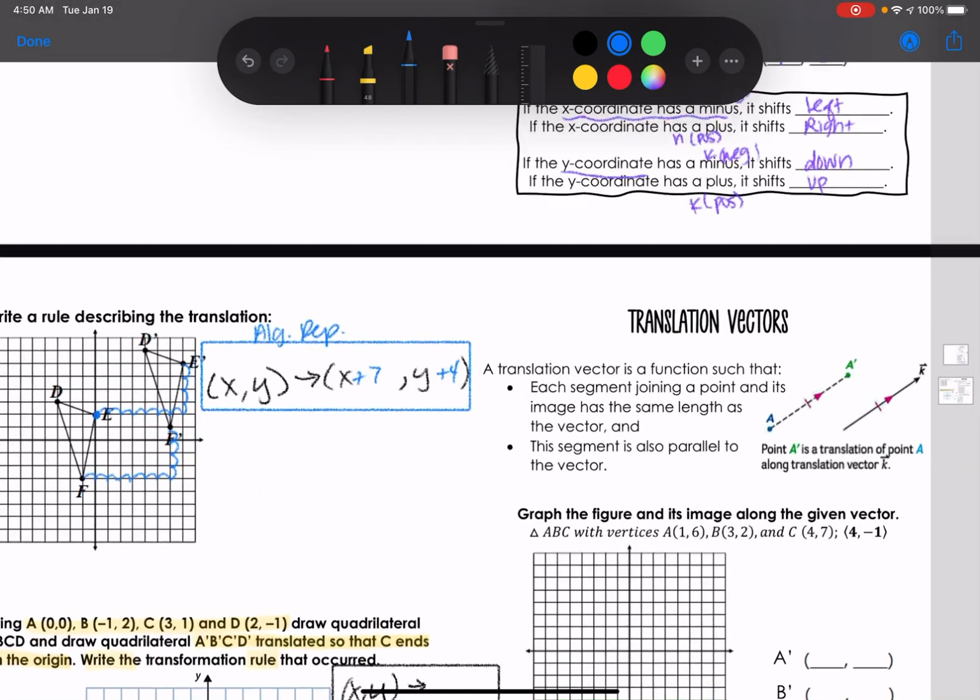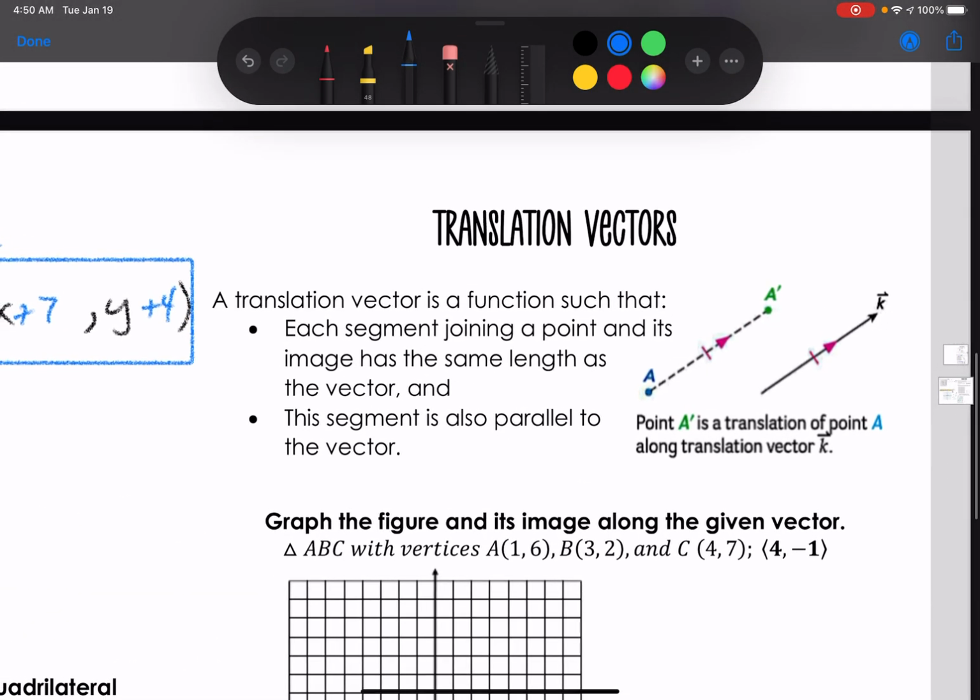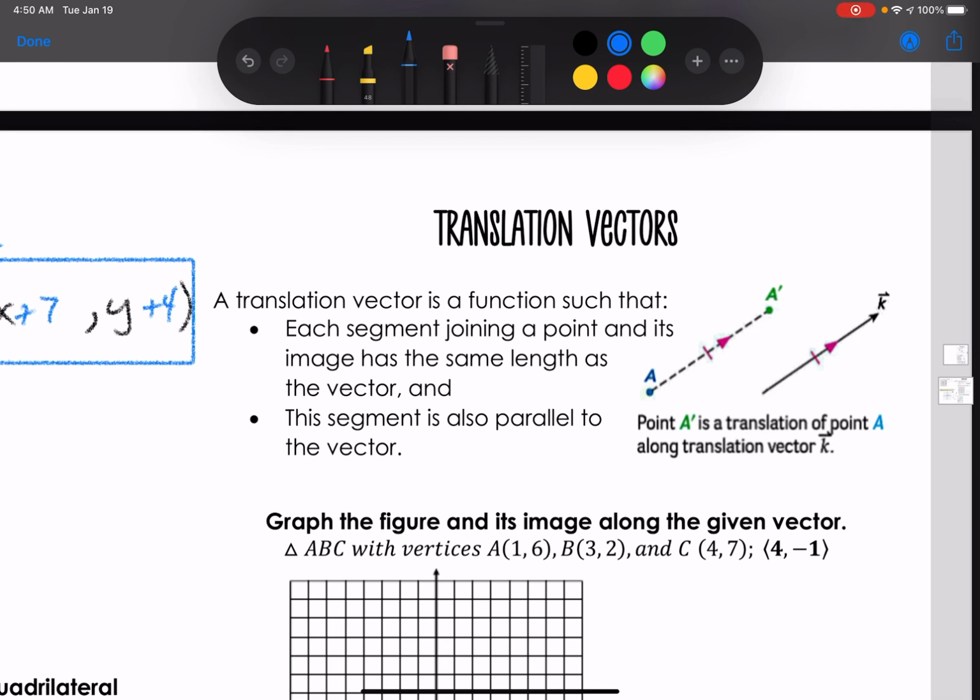All right. Now here's the deal. There are also things called translation vectors. Now, you guys do learn about vectors in physics, and all it is you're moving in a direction. So, it's another way of describing translations, though. Each segment joining a point and its image has the same length as the vector.